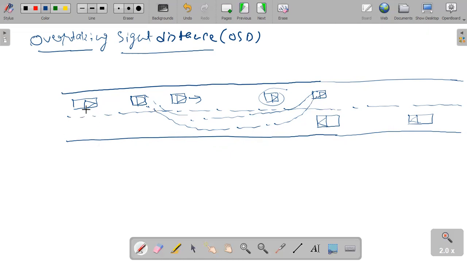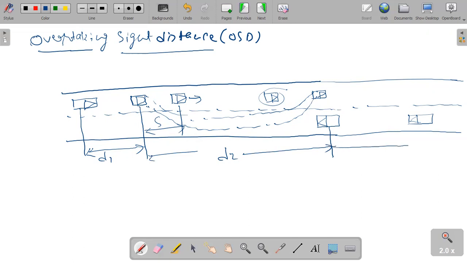If we denote it by some numeric things, this distance is, let's say, d1, and this distance is the spacing distance, denoted as s, this distance is denoted as d2, and this distance is denoted as d3.